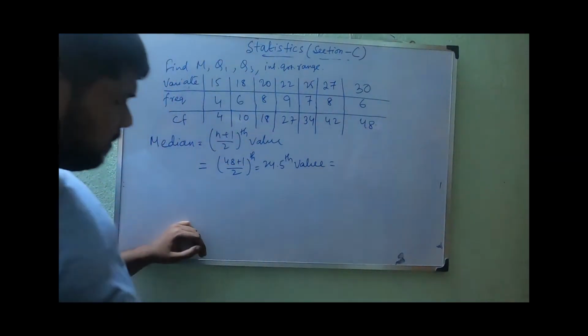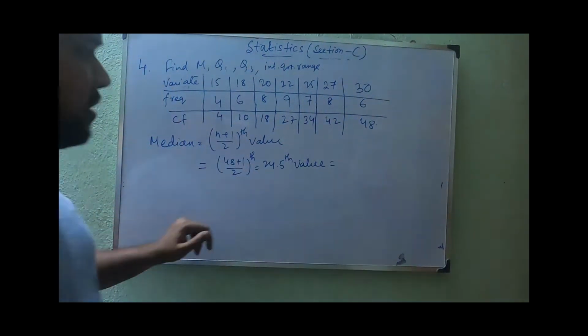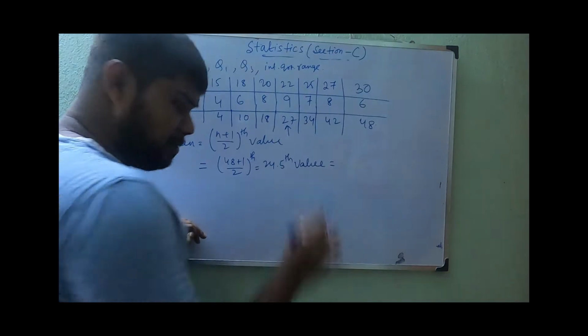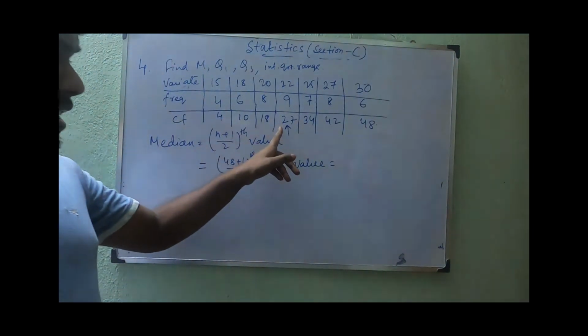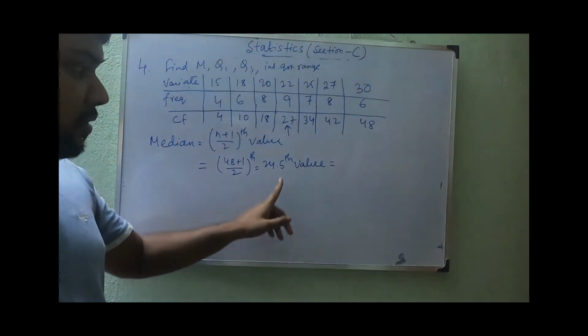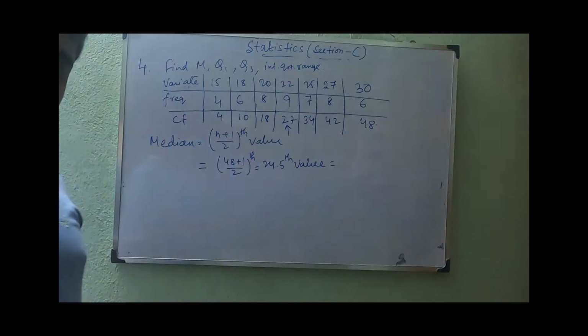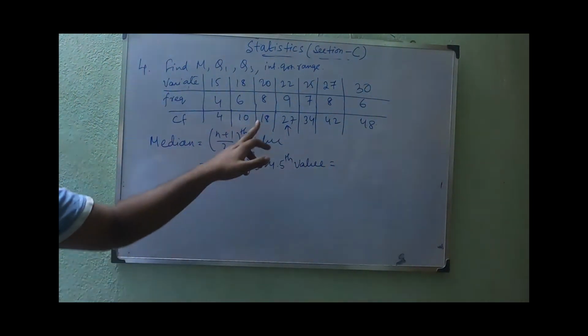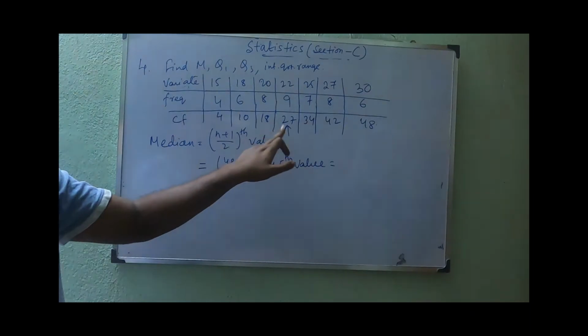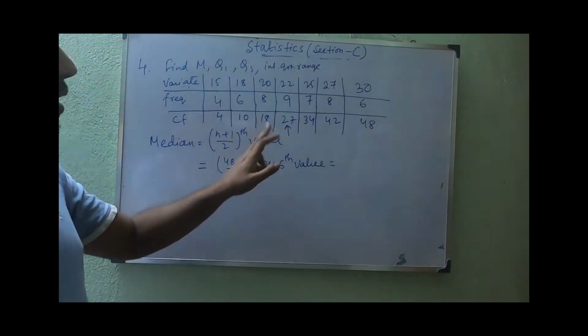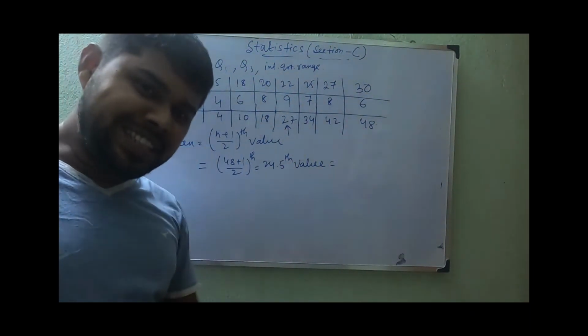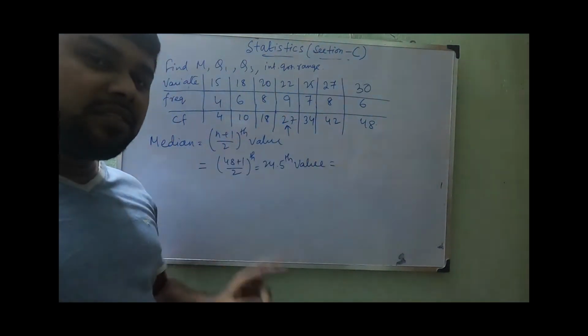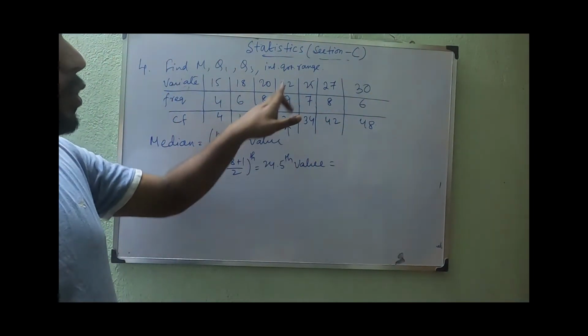Now you see, the 24.5th value will be here somewhere. The cumulative frequency is 27 here, so the 24.5th value will be here only. If the 24.5th value is here, you can see after 18 I have 27. That means starting from the 19th value till the 27th value, all are same, 22.